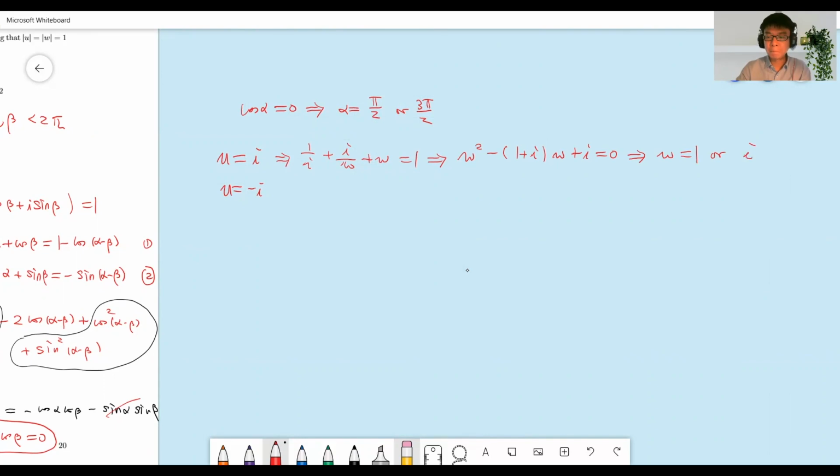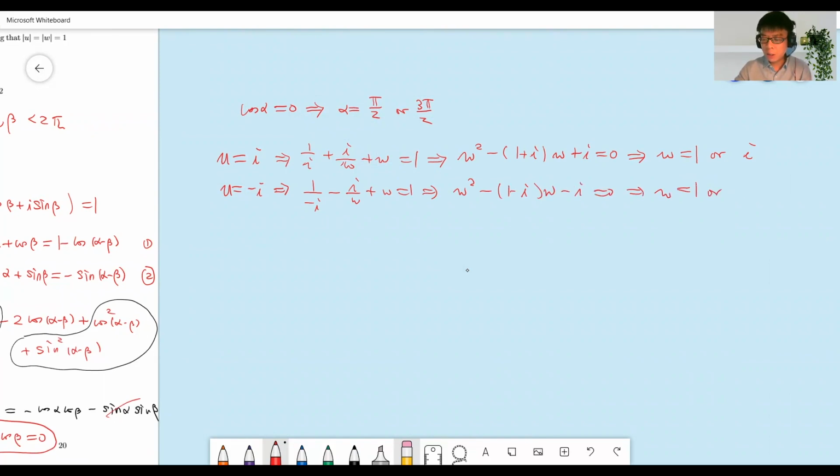And next one, if u equals minus i, we're going to have 1 over minus i minus i over w plus w equals 1. Now you can solve w squared minus (1 minus i) w minus i. Again, you can solve w equals 1 or minus i.